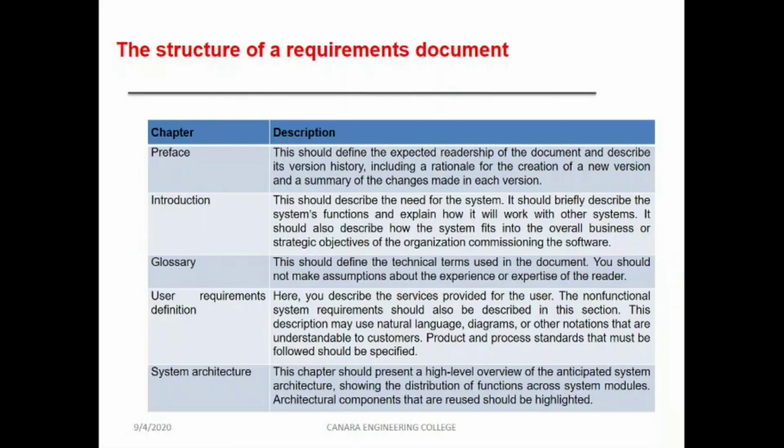As per the customer requirement, they have to maintain it in a document before delivering it to the development team. This is nothing but a specification. So the requirement specification team has to maintain a document, and this is the format given by the IEEE standard.